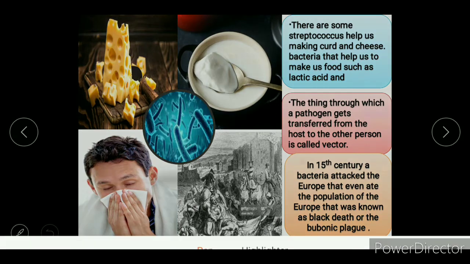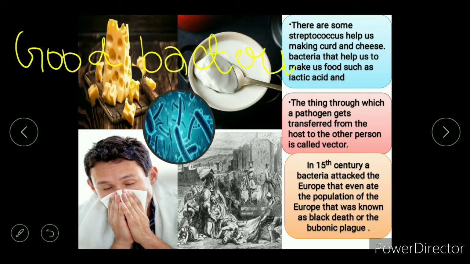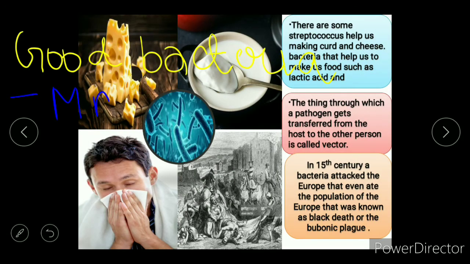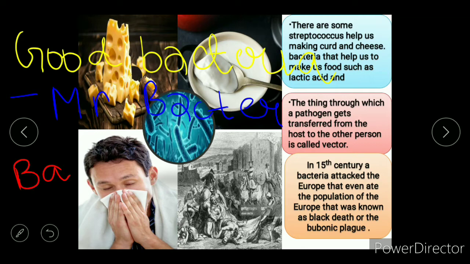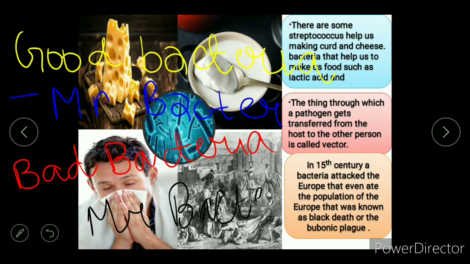So in this video, we will denote the good bacteria as Mr. Bacter and the bad bacteria as Mr. Bacterium. We will study them one by one.